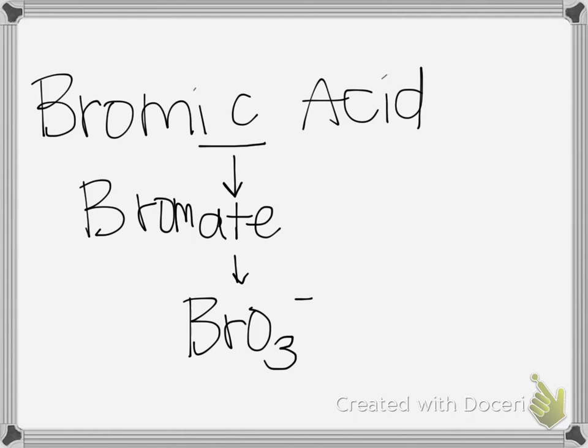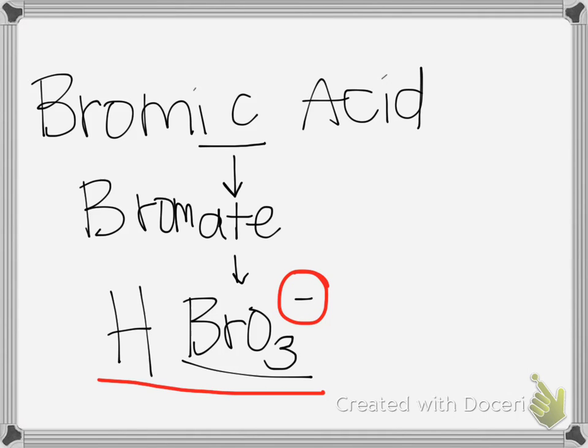So what do I have to throw in front of this bromate? I have to put an H in front of there. How many H's? Well, it has to balance out with my charge. My charge here is -1, so I only need one H. So I can just leave it like this. HBrO3. Okay, let's do one more example here.